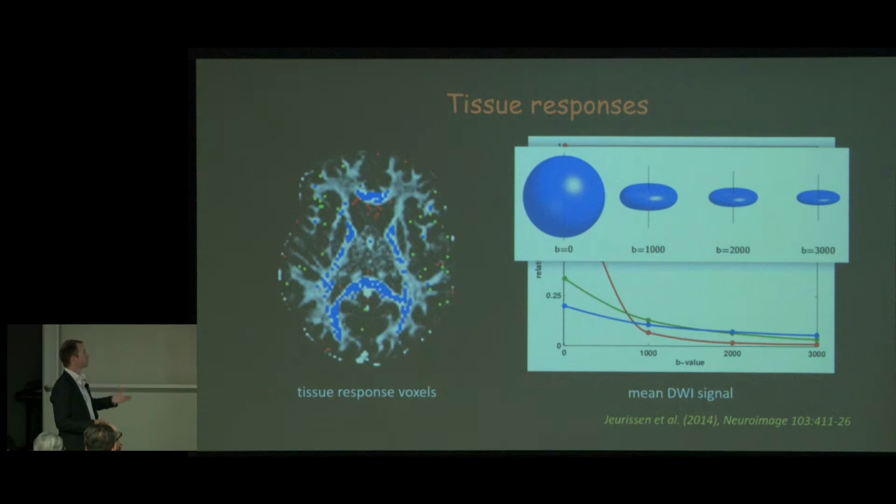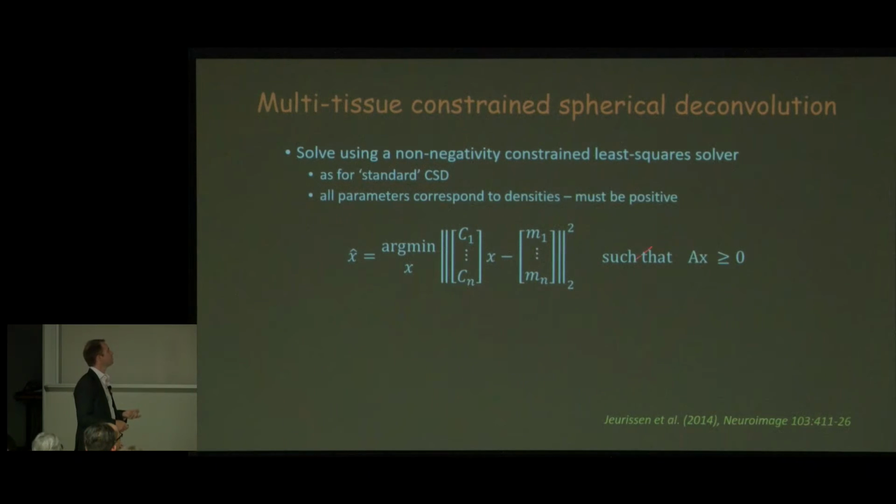So with that, we have an estimate of what each tissue type's canonical response function is. So we can plug everything into exactly the same framework as we had before. This maths is identical. We've got now a vector of parameters that includes the full spherical harmonic coefficients for the FOD and the other tissue components as well, which are just scalars because it's isotropic.